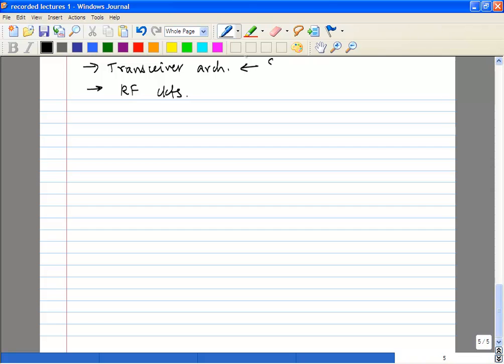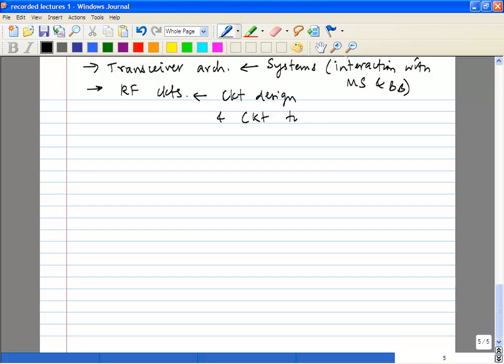This usually comes under the RF systems domain, because you need to understand the interaction between the RF and the baseband. And RF ICs, of course, includes design, which is circuit design, and typically you'll look at, as part of this, new circuit topologies.